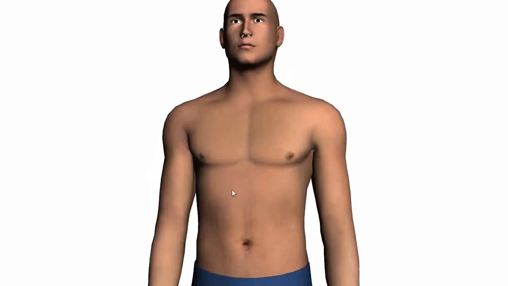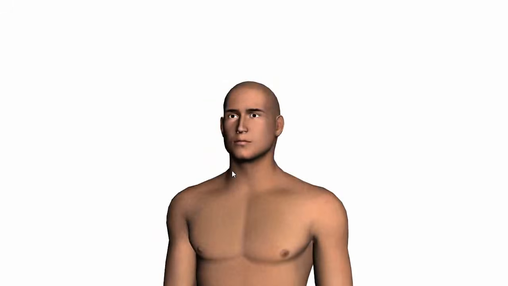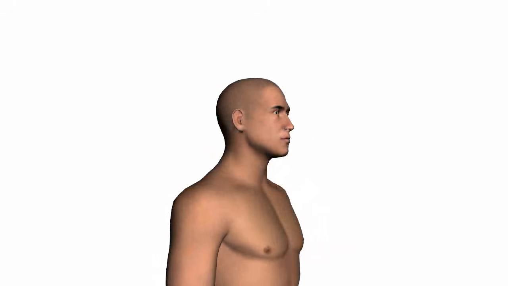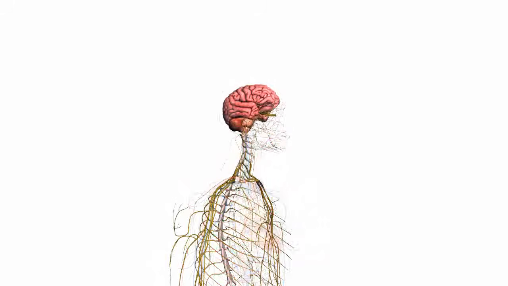So in the spine, you may have dorsal roots and ventral roots, and here it's referring to posterior and anterior. So dorsal is posterior and ventral is anterior. But in the brain, these words have a slightly different and specific meaning.